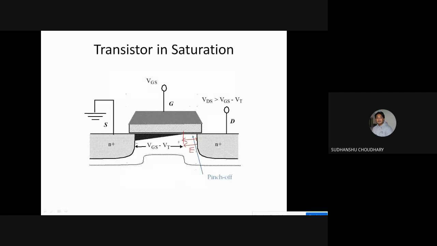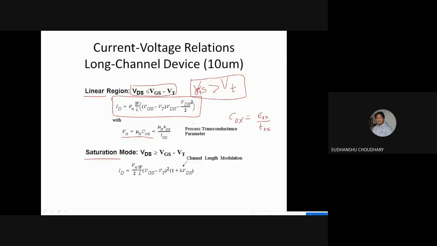The silicon dioxide under the gate, that is this silicon dioxide. Its thickness is Tox. So the current through the MOSFET in the linear region is Kn prime W by L, (VGS minus VT) into VDS minus VDS square by 2.